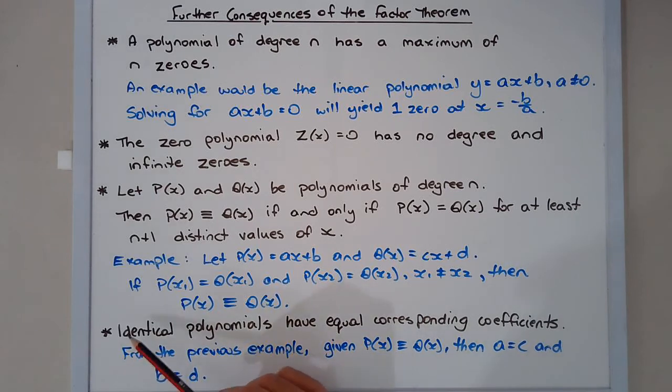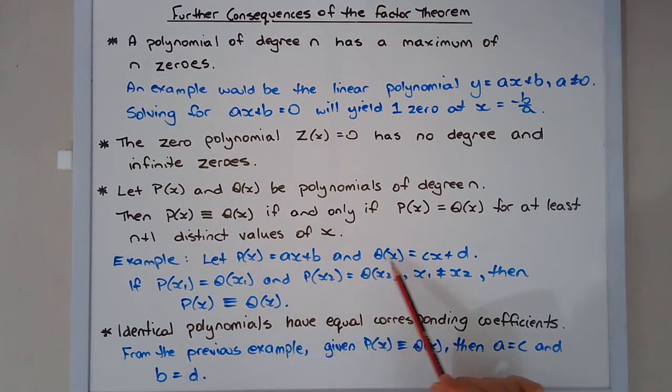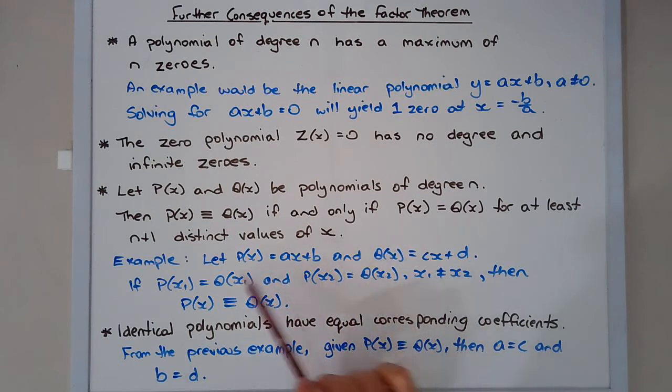Now the last point that's related to this is that identical polynomials have equal corresponding coefficients. So if we're able to somehow show that two polynomials are identical, let's say from the previous example, p of x equals ax plus b and q of x equals cx plus d, we've shown that these two polynomials are identical because they have the same value for two distinct values of x, then a equals c and b equals d.